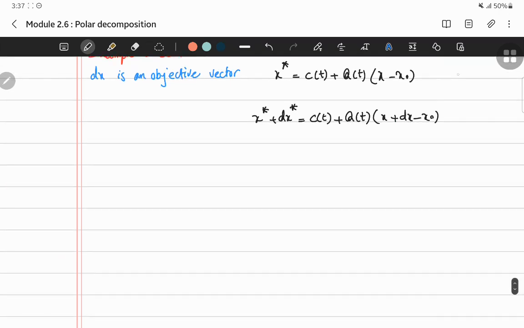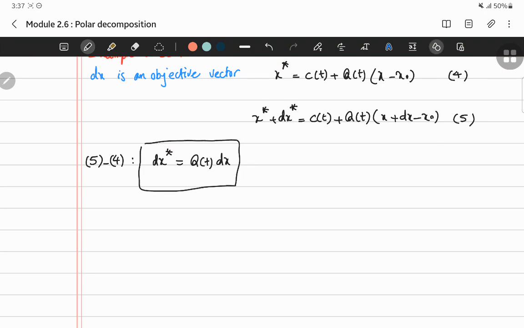So if I have, this is 4 and this is 5. So if I subtract 4 from 5, then I get dx star is equal to, this cancels out this, so I have Q(t) dx. Perfect. We get that a vector is following the transformation law. Therefore, dx is an objective vector.